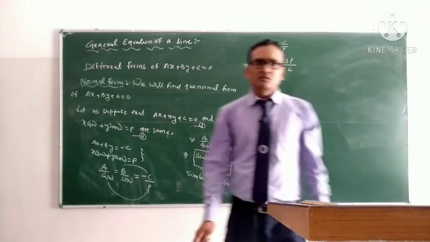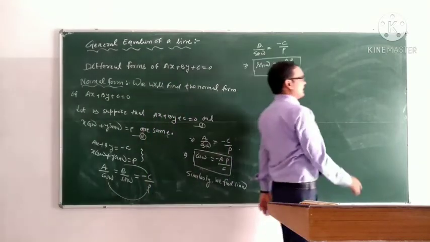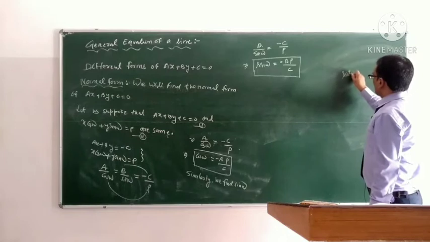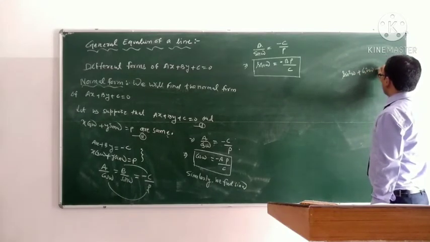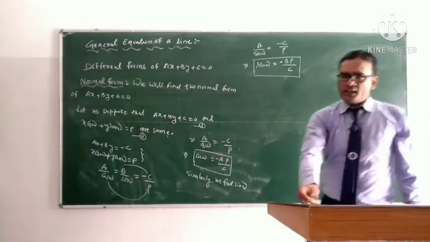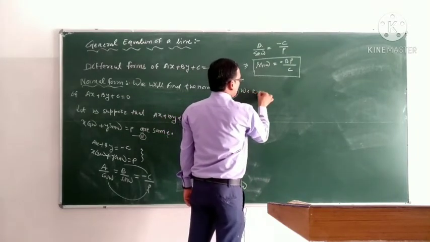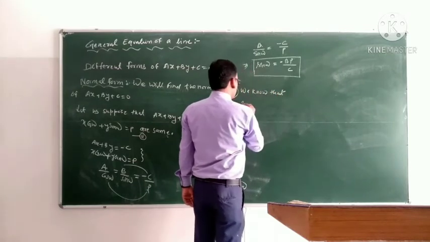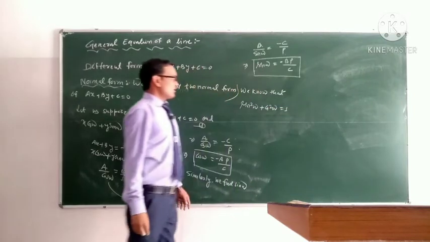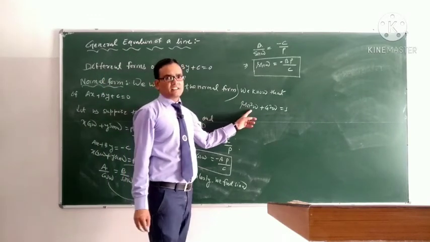Okay students, we have already studied in class 10th the identity sin square omega plus cos square omega equal to 1. We put the value of sin omega and cos omega in this identity.